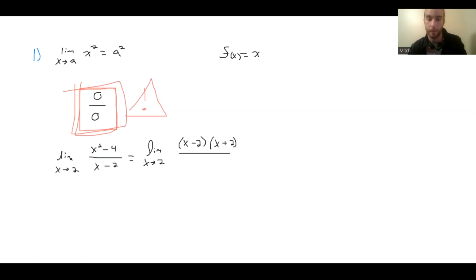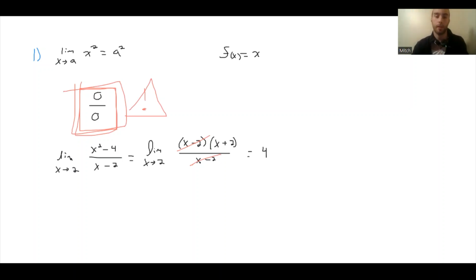Now, since we have an x minus 2 in the denominator and an x minus 2 in the numerator, we can just cancel this out. And so now all we have left is that x plus 2. And so this limit we can just sub in exactly. So that's just going to be 4, because 2 plus 2 is 4. So this limit exists and it's 4.